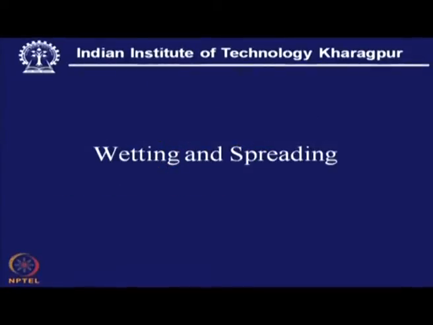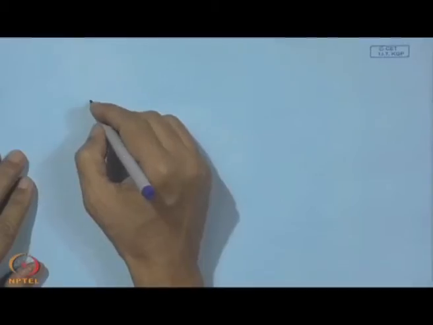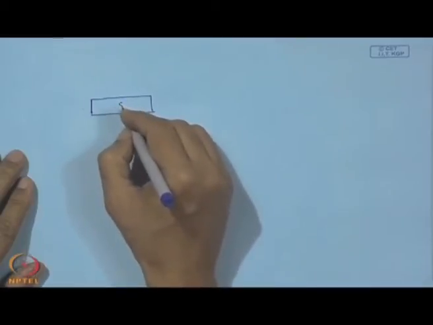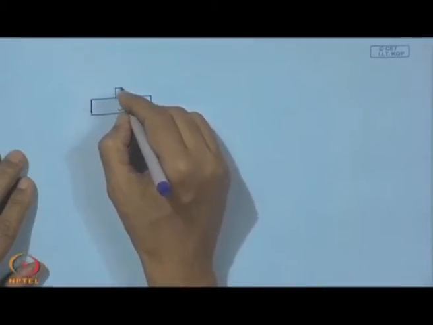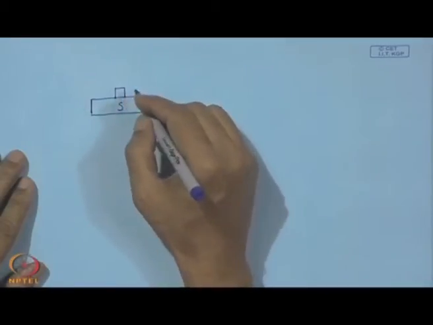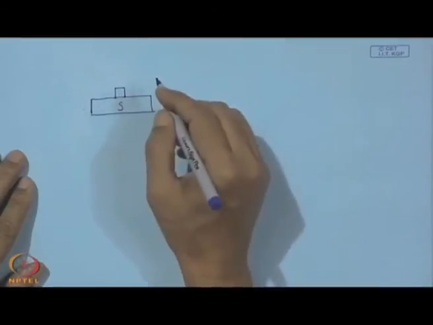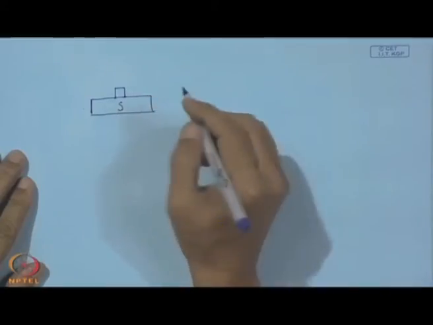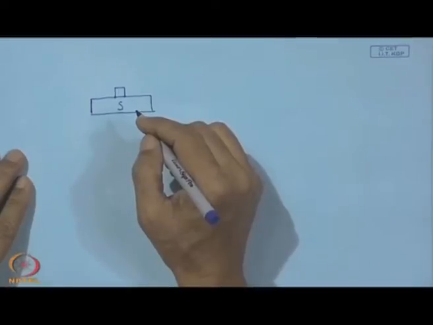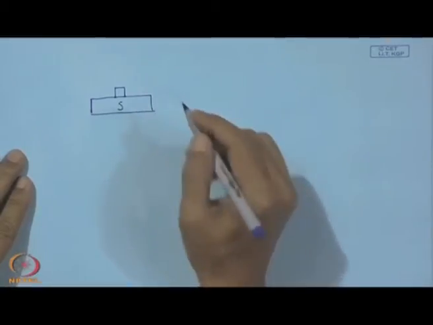Now comes wetting and spreading. Now, when we have a solid surface, for example, like this, over which a small block is placed and which can later be melted over this solid surface, then we may arrive at 4 situations.